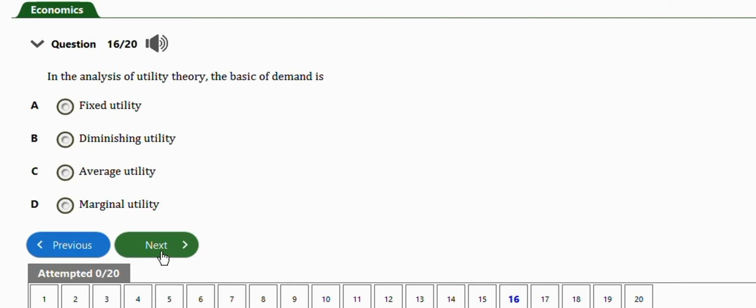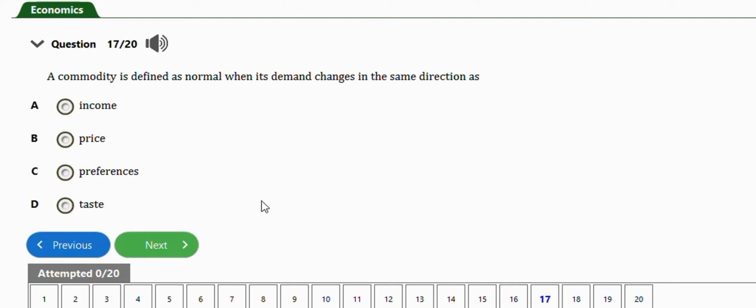Next question is this one. It says a commodity is defined as normal when its demand changes in the same direction as income, price, preference, taste. The right answer is option A, income.